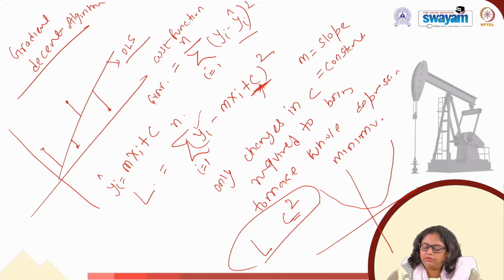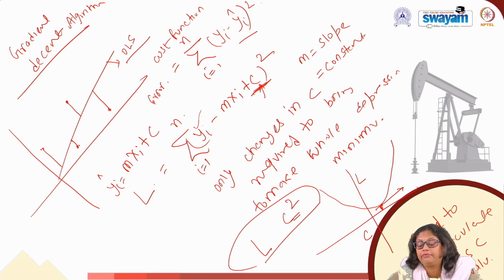This is the minimum point I am looking for. This is your parabolic equation, where this axis is my loss function and this is my c. I need to calculate this c value, for which the loss is minimum.